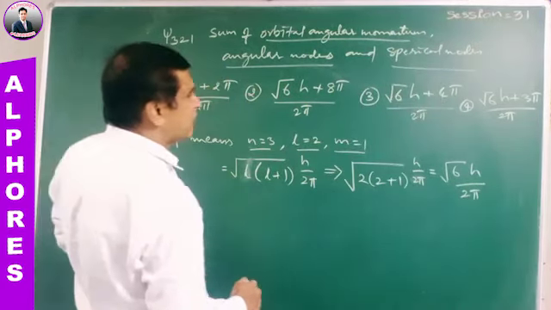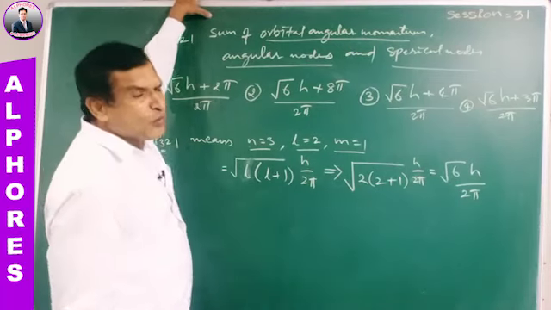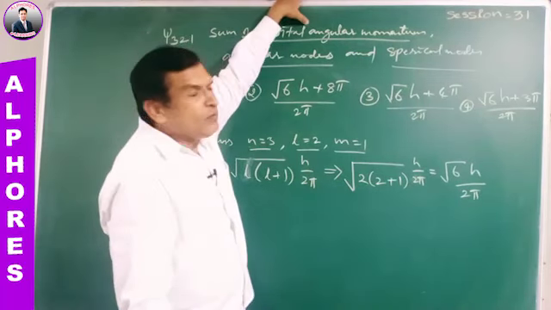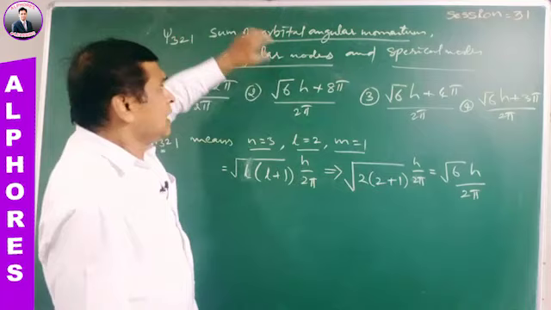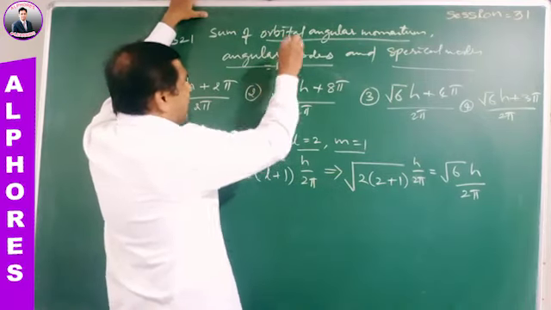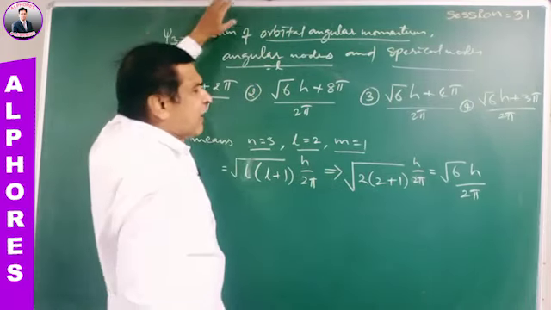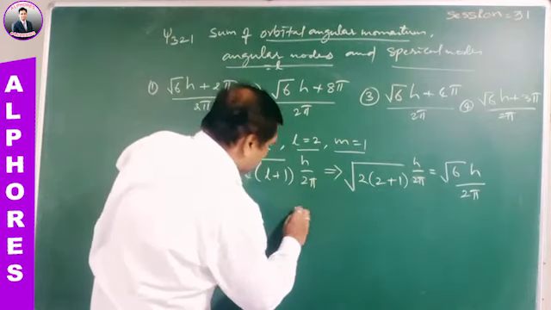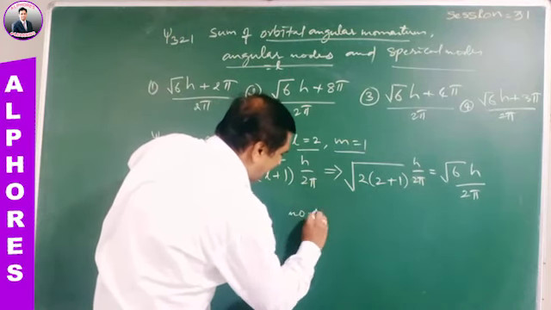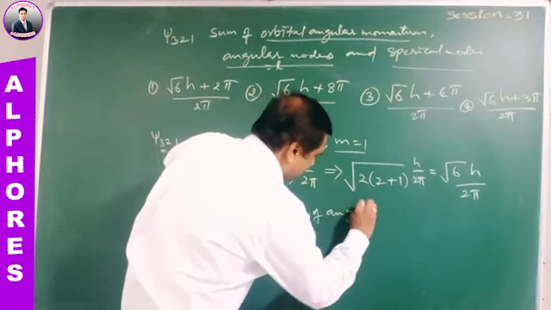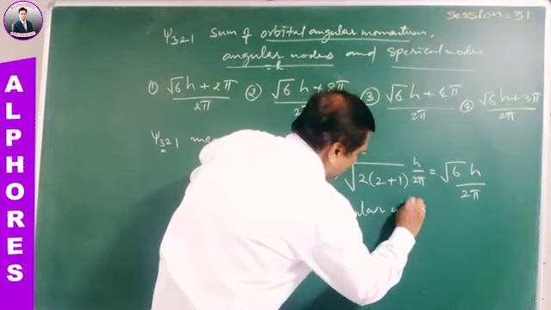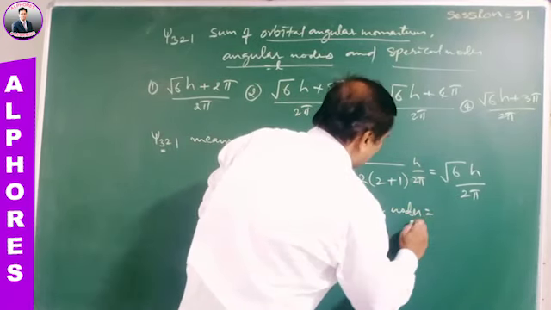Next one is the number of angular nodes. Number of angular nodes is always equal to the L value.